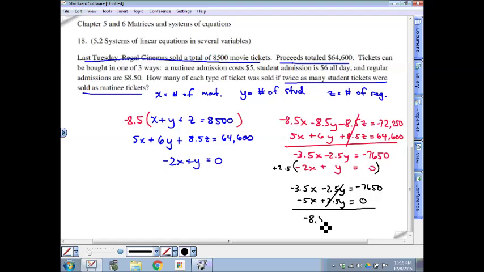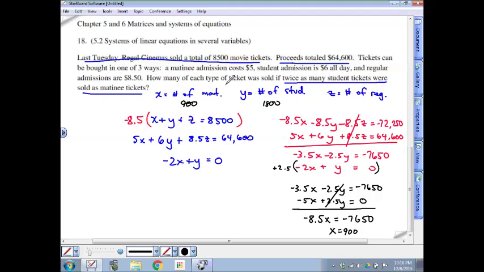We have negative 8.5x equals negative 7,650. And you divide 7,650 by 8.5, the x value is 900. That means there were 900 matinee tickets sold, and it says twice as many student tickets were sold, so that means there were 1,800 student tickets.